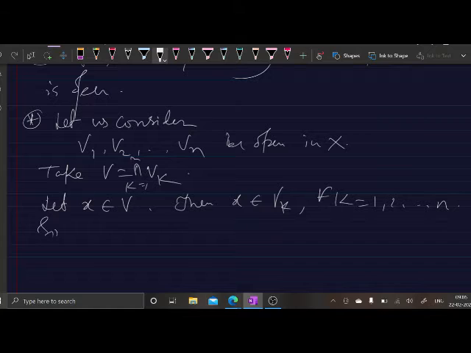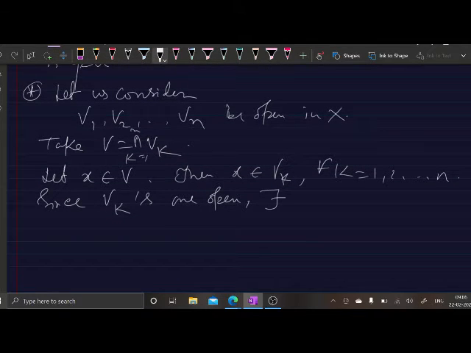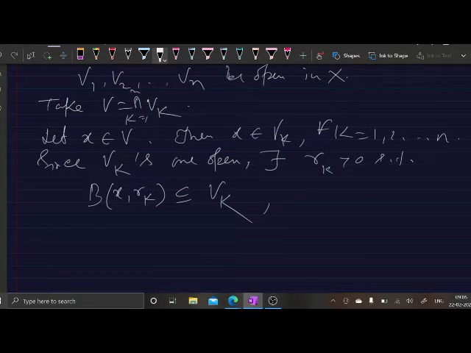Now since each V_k is open, for each k there exists r_k greater than 0 such that B(x, r_k) is a subset of V_k, and this is true for all k equal to 1 to n.